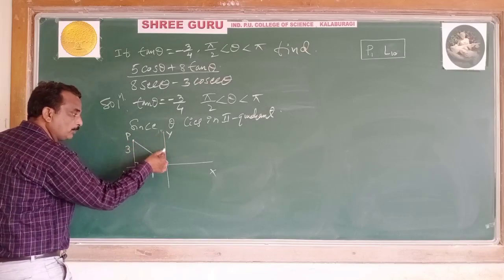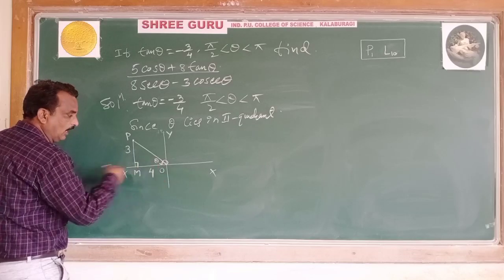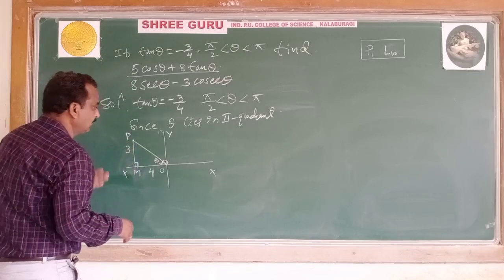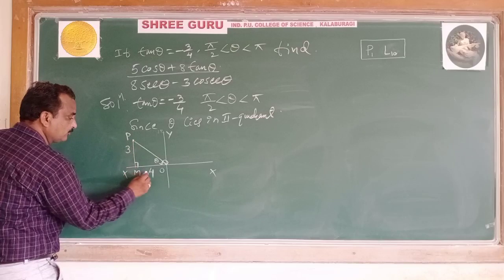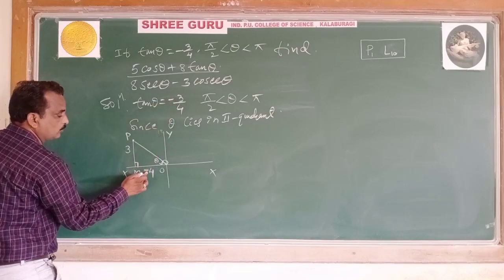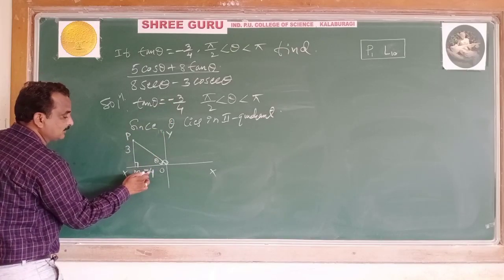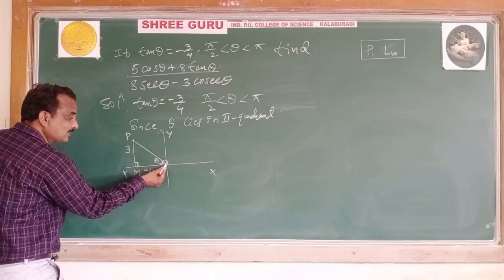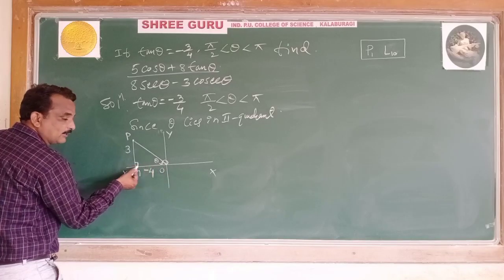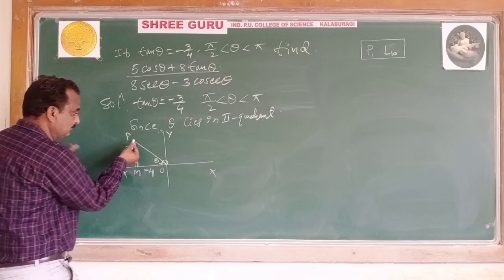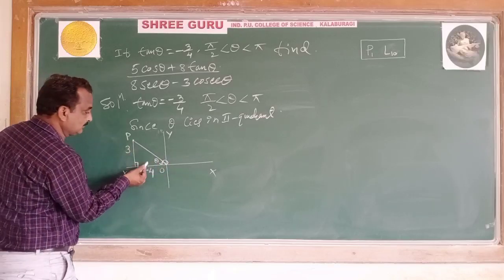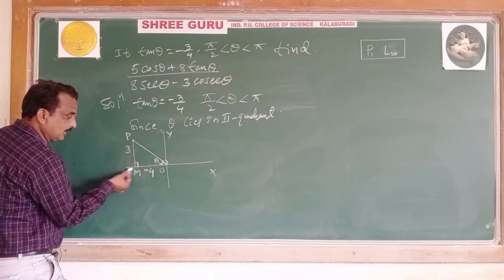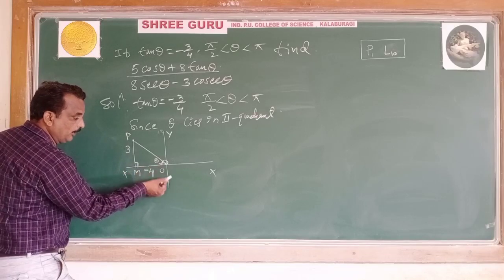The adjacent side is always on the x-axis, the opposite side on the y-axis, so the opposite is always positive here. That negative sign you have to take for the adjacent side, because in this right angle triangle the adjacent side coincides with the negative x-axis.